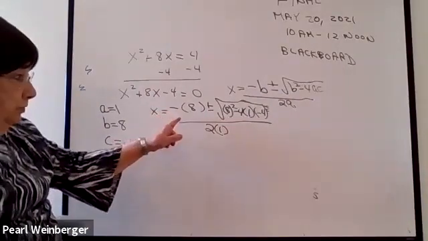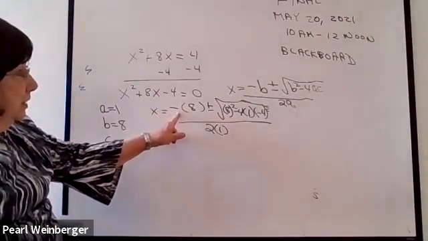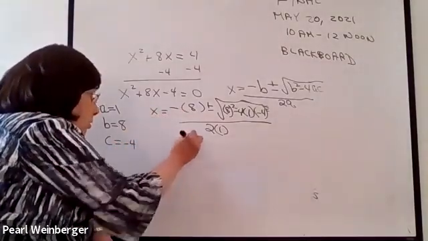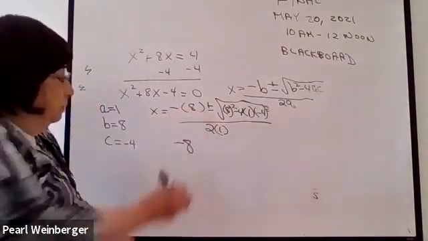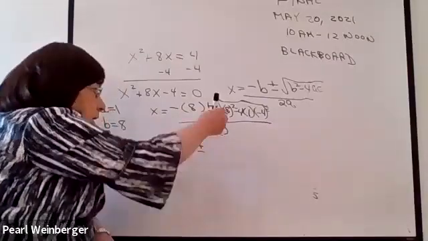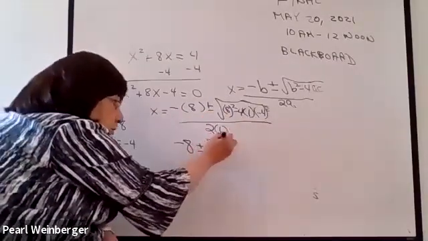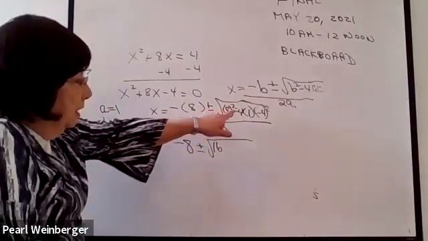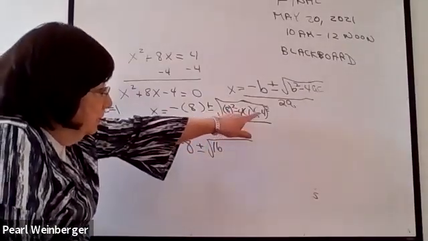Now I have to simplify this. So this is a -8, and this is plus or minus. Okay, 8 squared is 16. This is all in the square root now. -4 times 1 times -4.